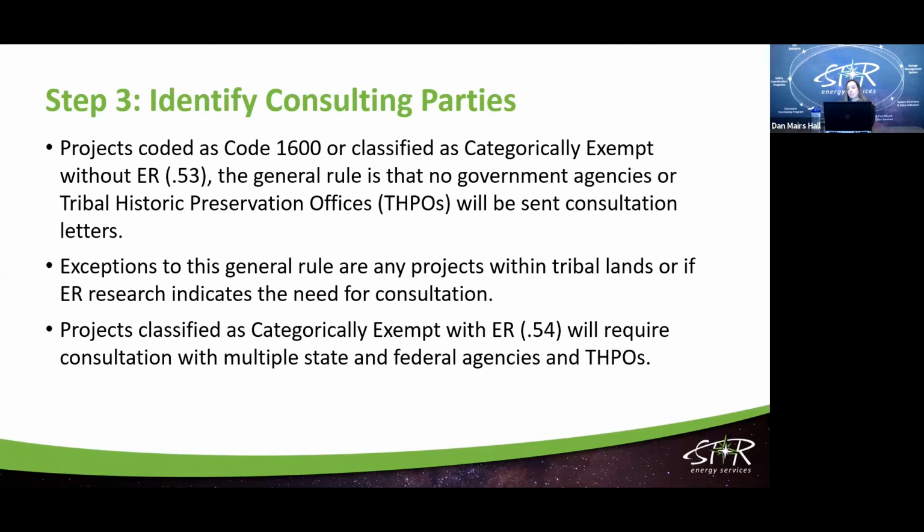An example of this would be once we do our SHPO database search, which we do as well for 1,600 projects, if we find that there are a bunch of known archaeological sites that you would knowingly go through if you were to move forward with this project, then we would notify you as the co-op, let you know that you're going to run into some issues here, and see if there's a different way to reroute the project path to avoid those sites.